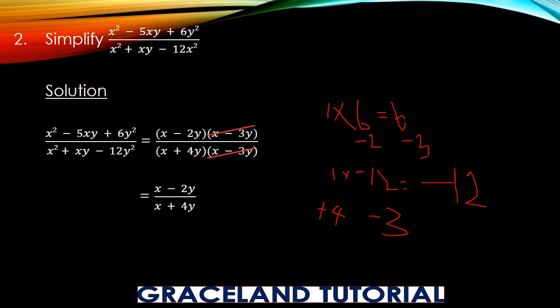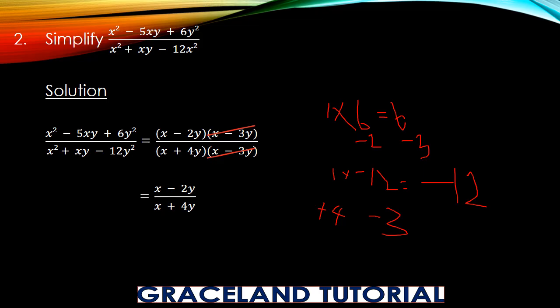The same way, look for two factors that when you multiply, give you minus 12, and when you add them together, give you the coefficient of xy, which is plus 1. Those numbers will be plus 4 and minus 3.